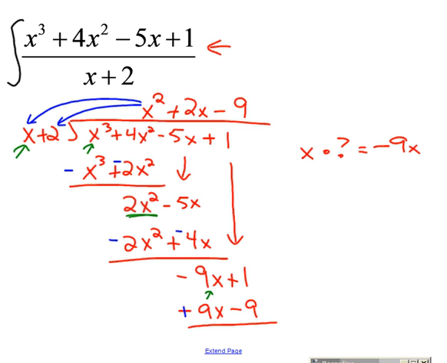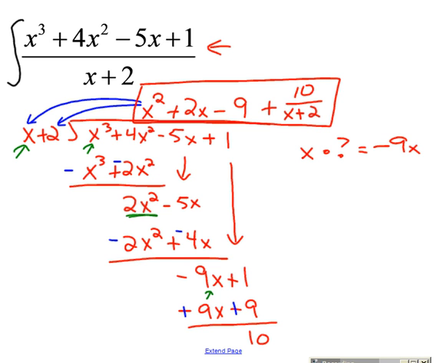So if I subtract, you basically change the sign and add, and my remainder ends up to be 10. So at the end, I can write this as 10 over x plus 2. And this thing right here that I get for my answer, that can replace this right here. And hopefully, this is something that you will be able to integrate.